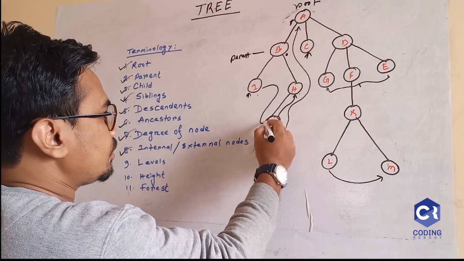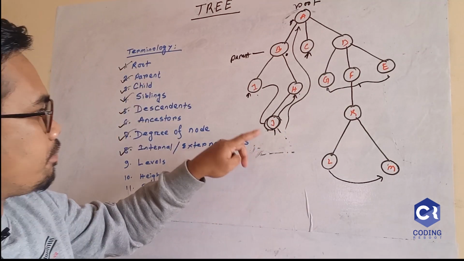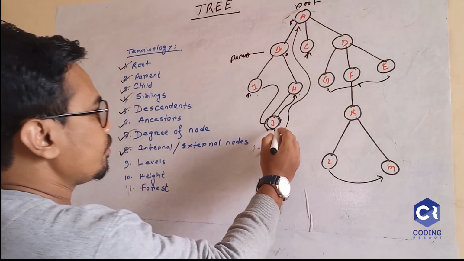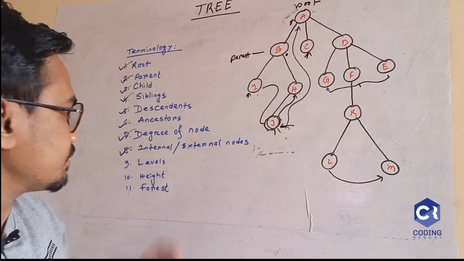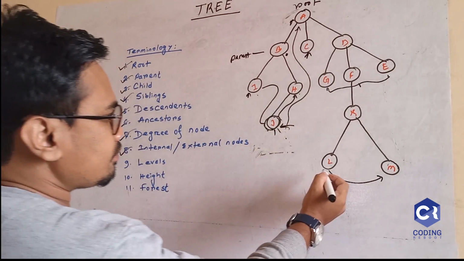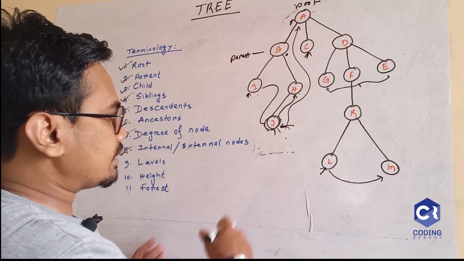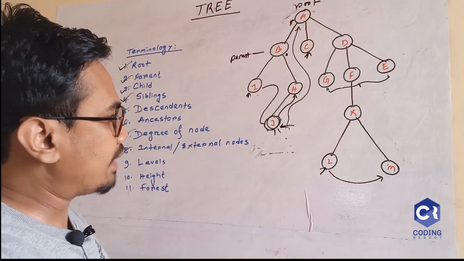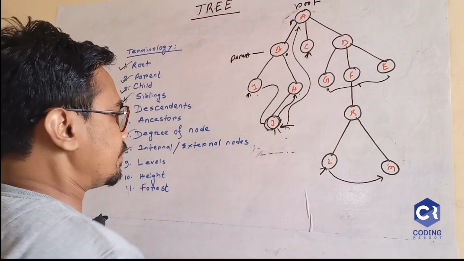If there is no child from a particular node, then we call this type of node a leaf node. J has no children on the left side or the right side. We can see it is 0, that means it is 0 degree only.